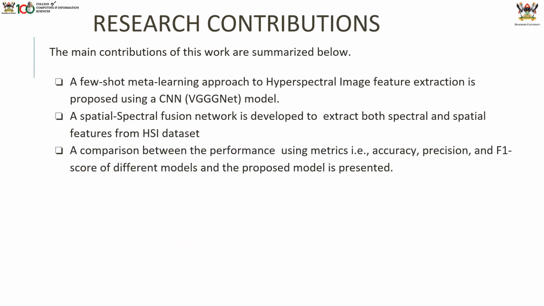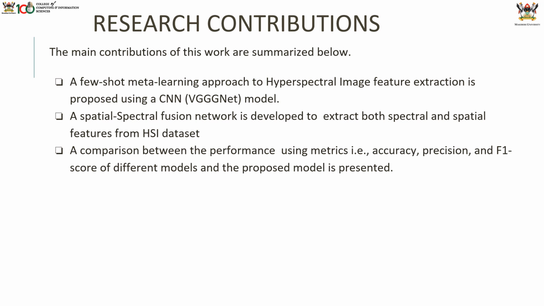So the research contributions of this work can be summarized as: one, a few-shot meta-learning approach to hyperspectral image feature extraction is proposed, and here we use a pre-trained VGG model to extract transferable features, which are general features.